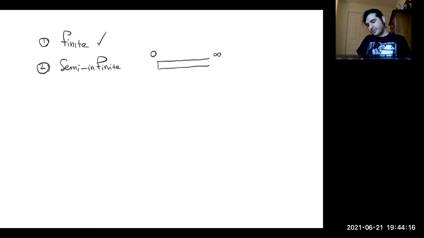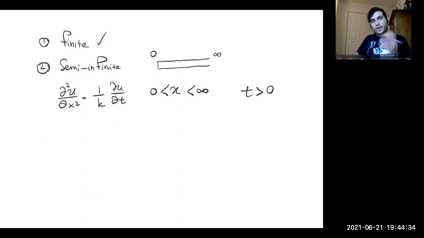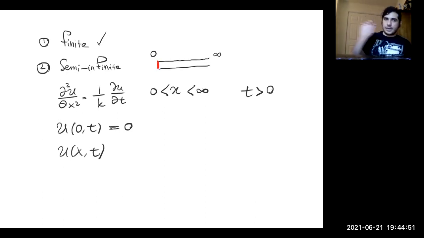So we have this function u, whose second derivative with respect to x is equal to 1 over k times the derivative of u with respect to t, where x is greater than or equal to 0, less than infinity, and t is positive. We have a boundary condition at 0: u at 0 at time t is equal to 0. And u of x and t, this is the asymptotic condition, is bounded as x goes to infinity.